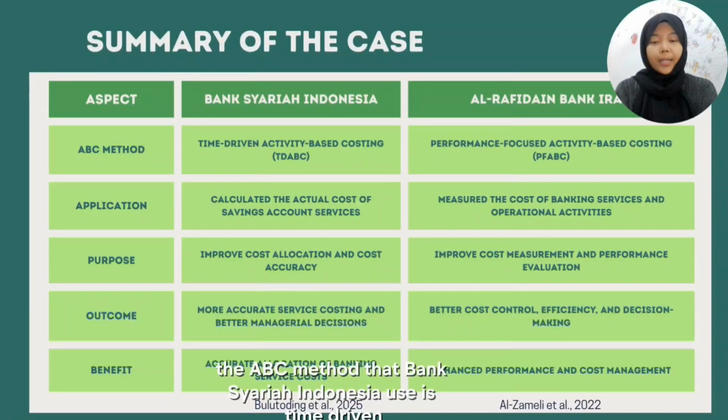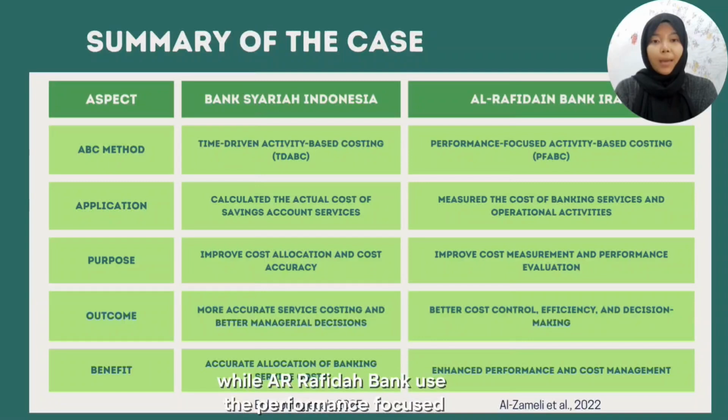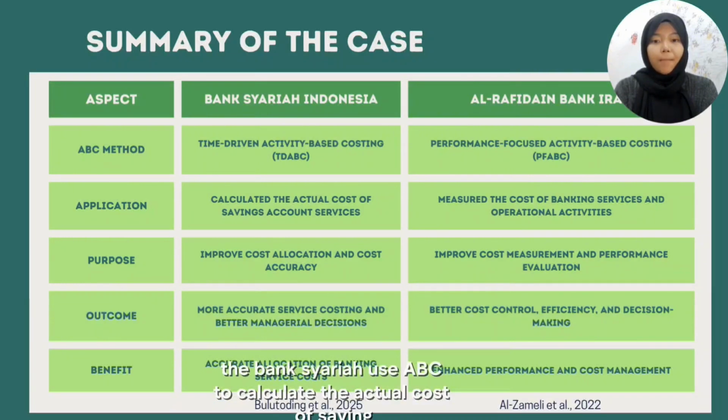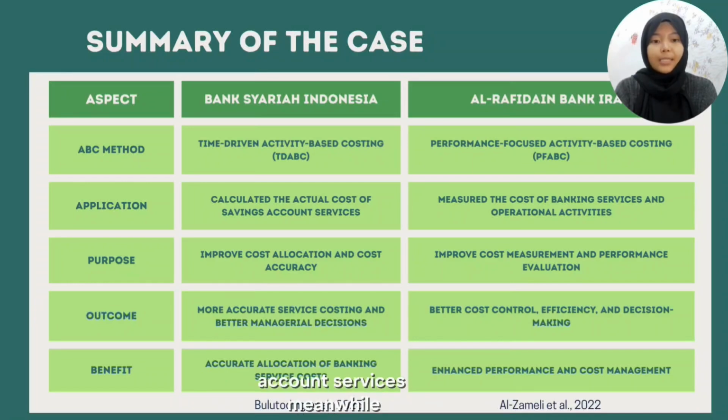The ABC method that Bank Syariah Indonesia used is time-driven activity-based costing, while Arafidan Bank used performance-focused activity-based costing. Bank Syariah used ABC to calculate the actual cost of saving account services.